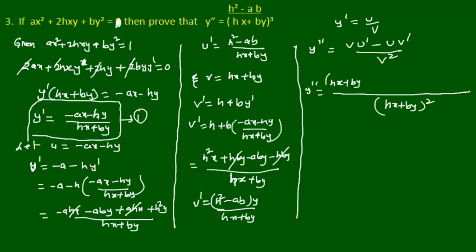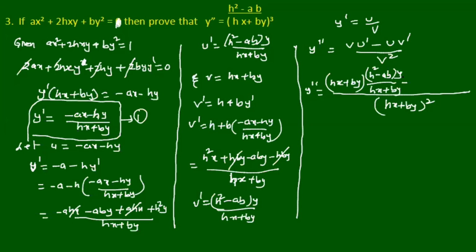into u dash is h square minus ab into y by hx plus by, and then minus u is a minus of ax minus hy.